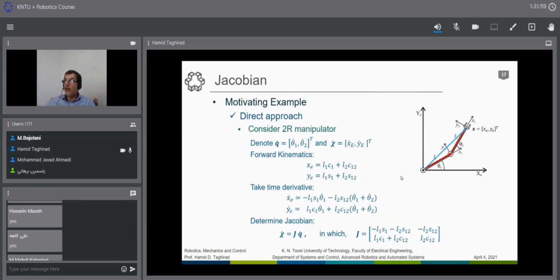Very simple. We had the forward kinematics before. xe is equal to L1 C1 plus L2 C12.